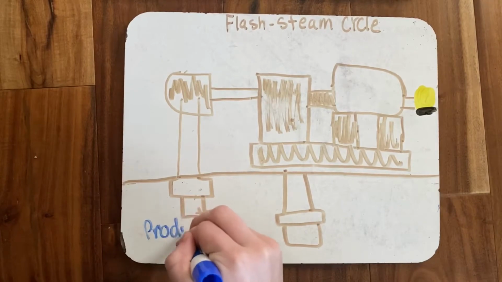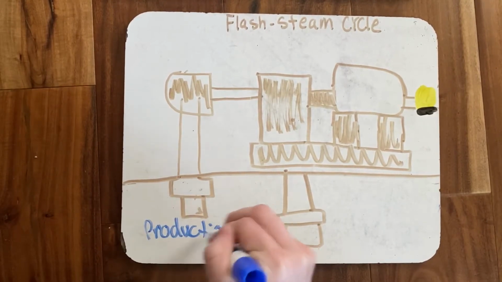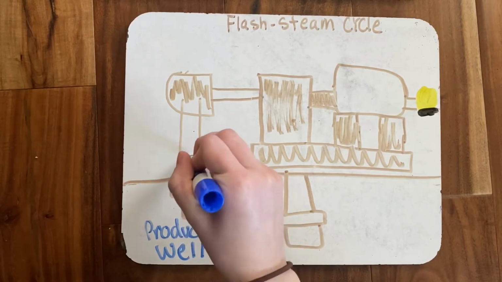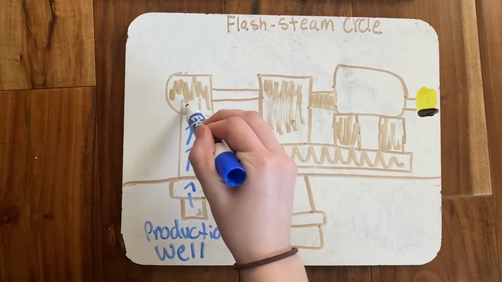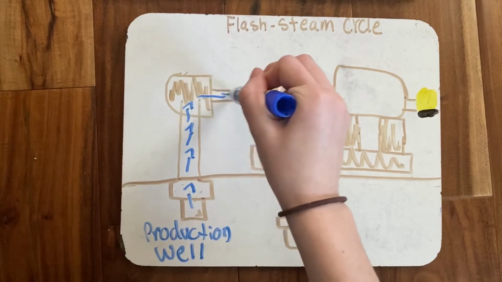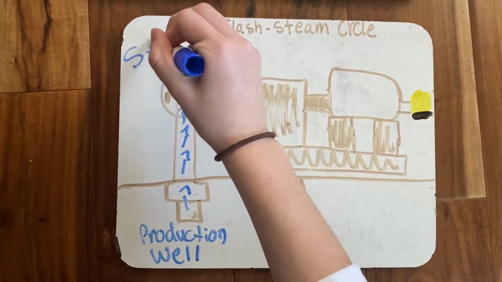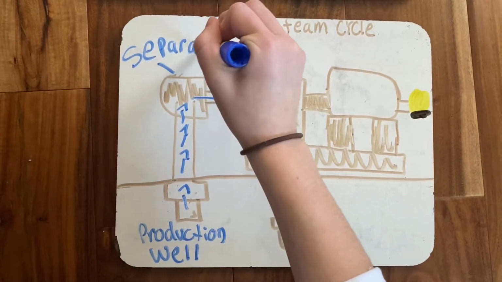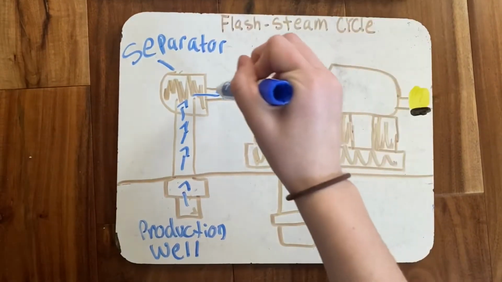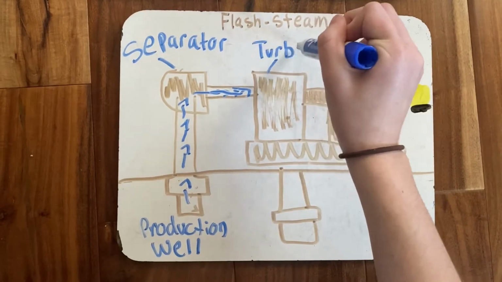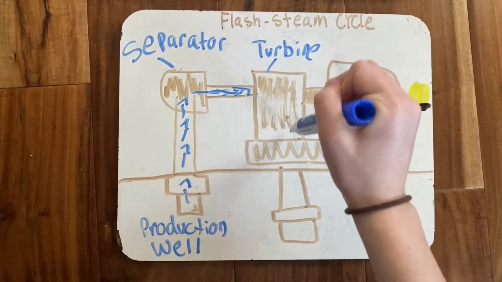The second process is flash steam. The flash steam process is used when there is an absence of a sufficient supply of high-temperature dry steam. This process takes advantage of the fact that the boiling point of water decreases as the pressure is lowered. For the flash steam process, hot geothermal water is sprayed into a low-pressure tank where it immediately flashes into steam.